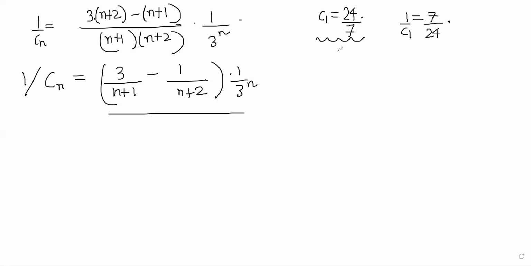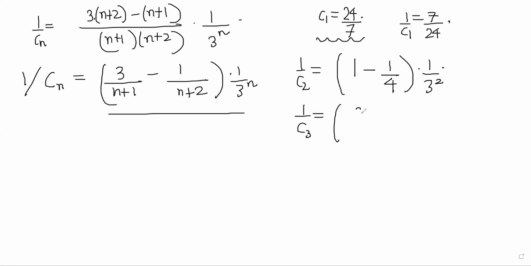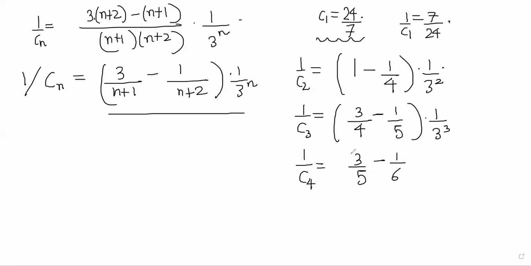So 1 by C2 will be 3 by 3 minus 1 by 4, right? 1 by 3 square. 1 by C3 will be 3 by 4 minus 1 by 5 and 1 by 3 cube. 1 by C4 would be 3 by 5 minus 1 by 6 and 1 by 3 power 4, and so on.